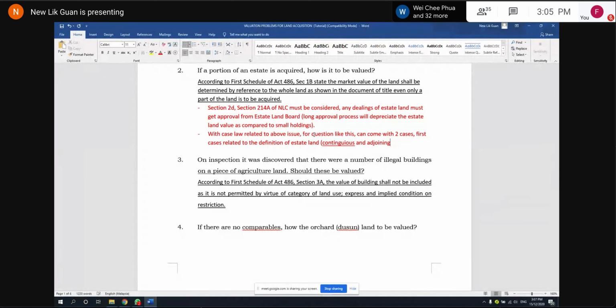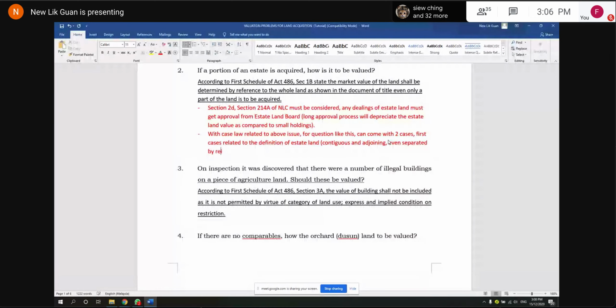What is the meaning of contiguous? Contiguous means even though it is separated by a river, road, or whatever, any natural connection, that is considered contiguous.